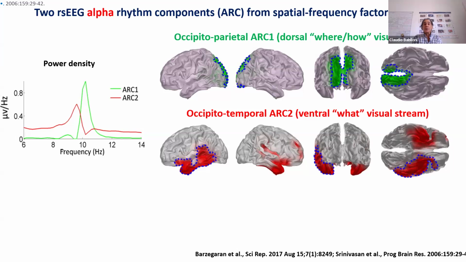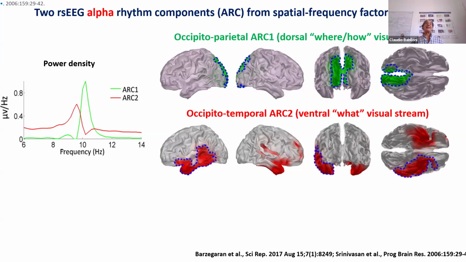another important source of scalp recorded EEG alpha rhythms, the primary sensory motor cortex in the precentral and postcentral gyri of the cerebral cortex, and also the frontal premotor cortex.